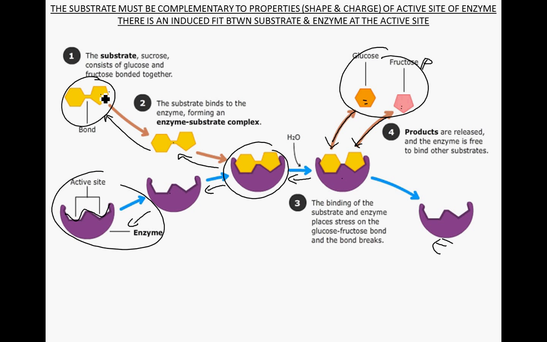So enzymes are doing not just breaking down reactions, but also building up or synthesizing reactions. And this is indeed what's happening inside the cell at many different levels, in various places throughout the cell. So there's a quick enzyme introduction and review.